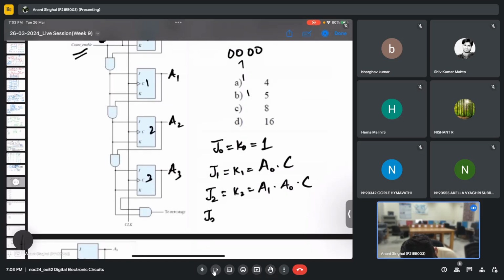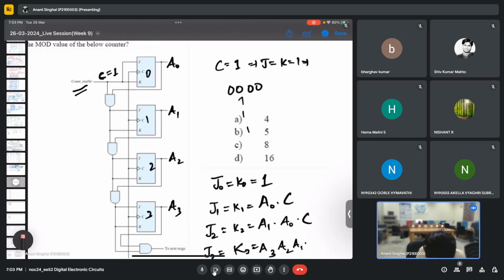And finally J3 and K3 will be the AND of A2, A1, A0, and then C. Wait, A3 is nothing, but A2 is there. Then this is A1, so this is J2.